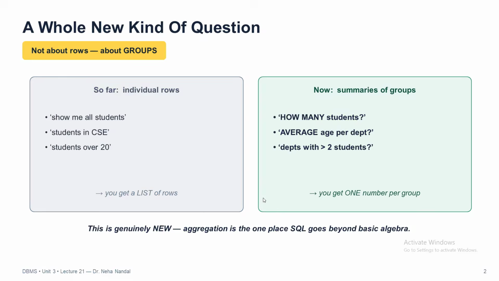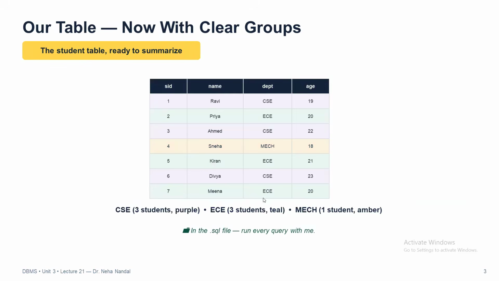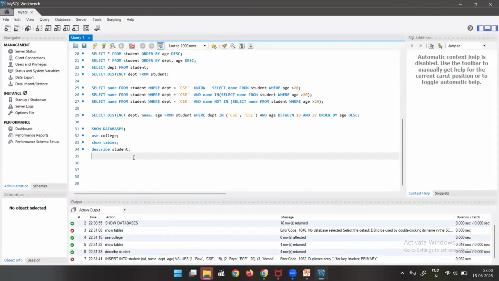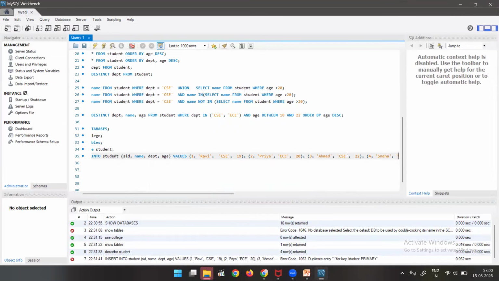We'll take the same table, and I have enhanced the data a bit. We have to insert this data in the same table we created before under the college database, and the table name is student. So this is our Workbench in which we were working, and let me run this insert command. I entered all these values: Ravi, Priya, Ahmed, Sneha.